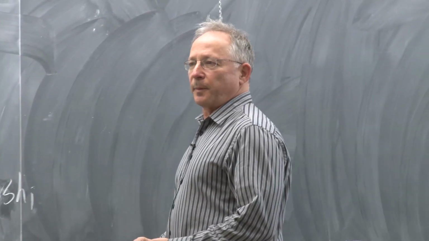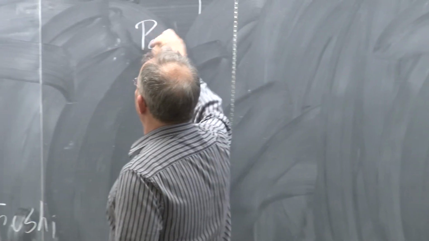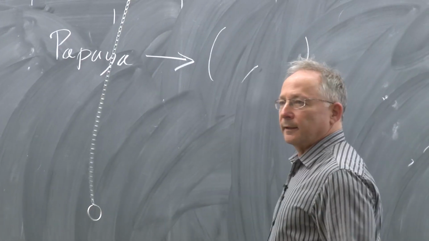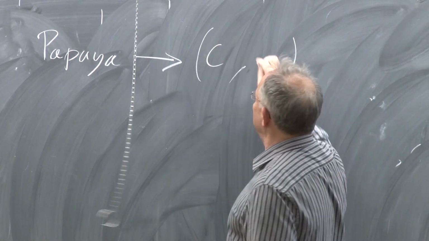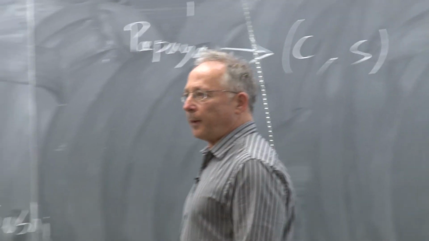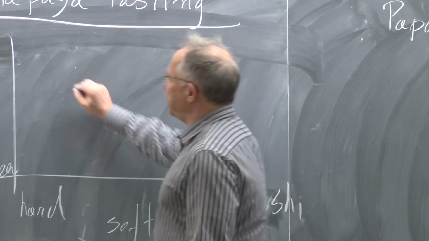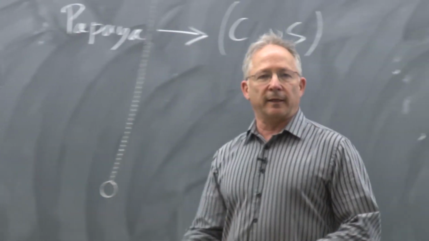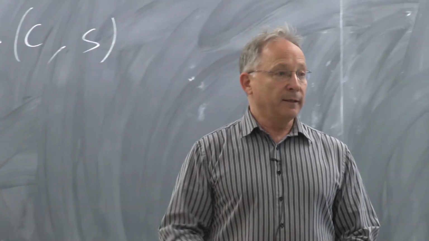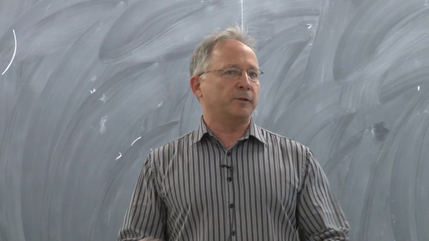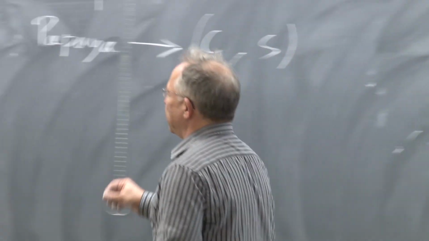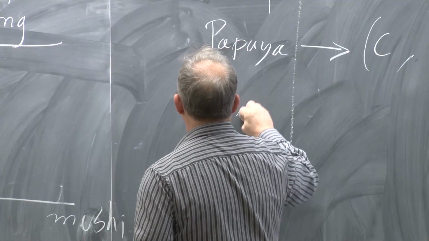I want to take a papaya and represent it by two coordinates, just its color and its softness. So every papaya, I represent as a point in a two-dimensional space. I have two dimensions that I can scale, and I represent every papaya by these two dimensions, and I forget everything else about the papaya. So the first component that I need is what is going to be my training data.